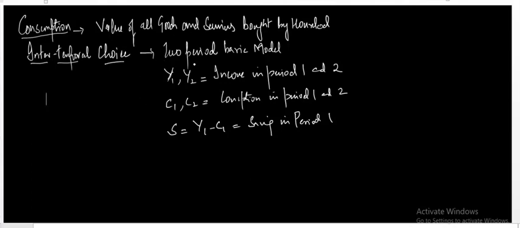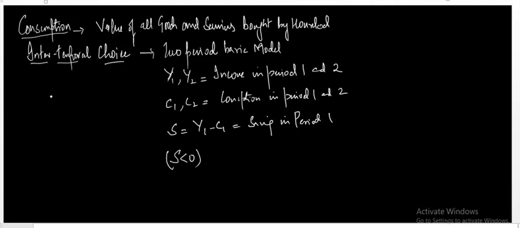That is the basic assumption behind the two period basic model. Now the savings can be less than 0 if the consumer has borrowed in period 1. We will talk about that in detail.